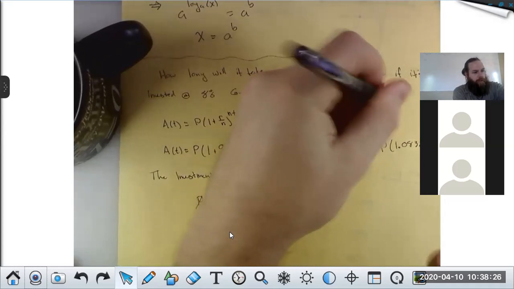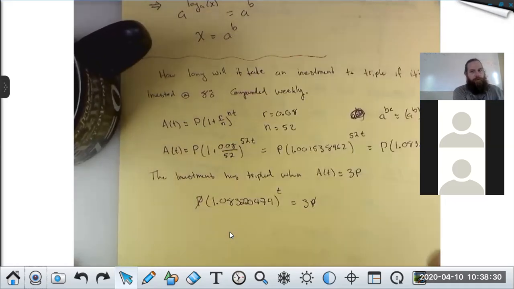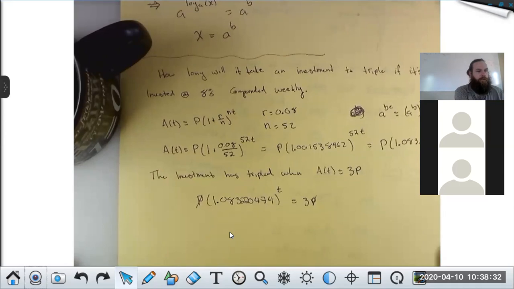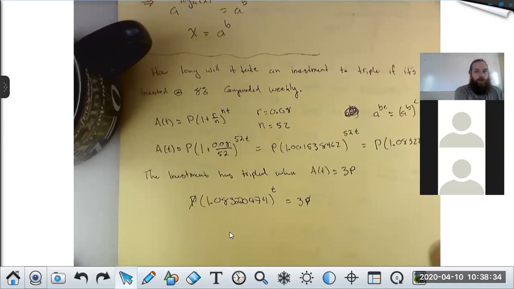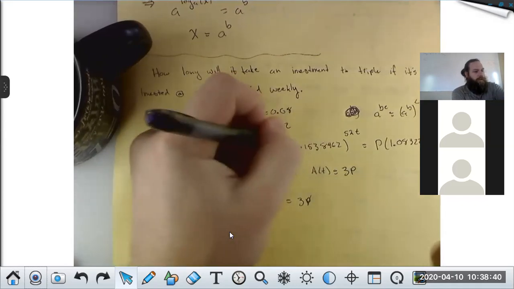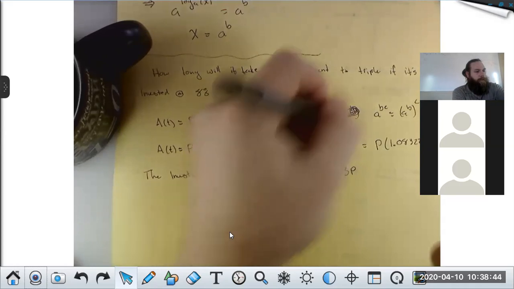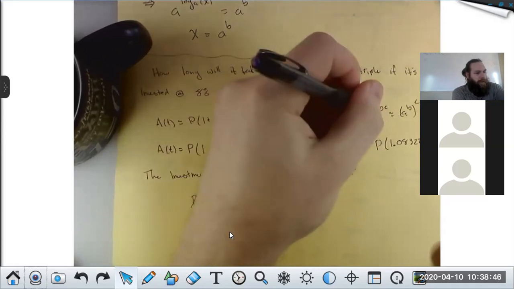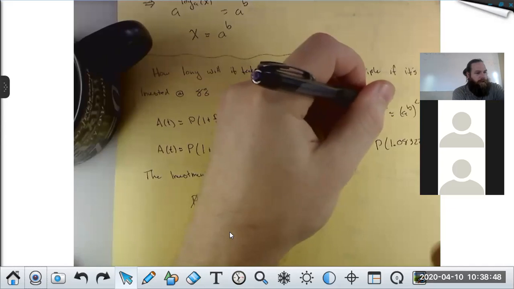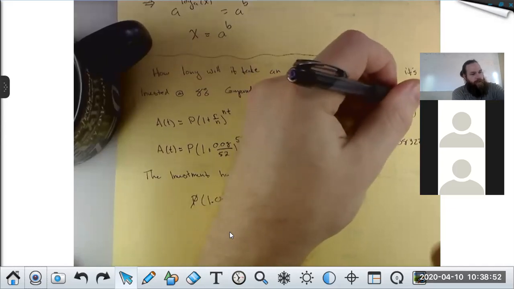A to the b times c equals a to the b, all to the c. So it's the same algebra rule that we needed to find effective interest rates to simplify these functions. I took this number and raised it to the 52, because a crazy big number raised to the 52 times t is the same as that number raised to the 52, all raised to the t.